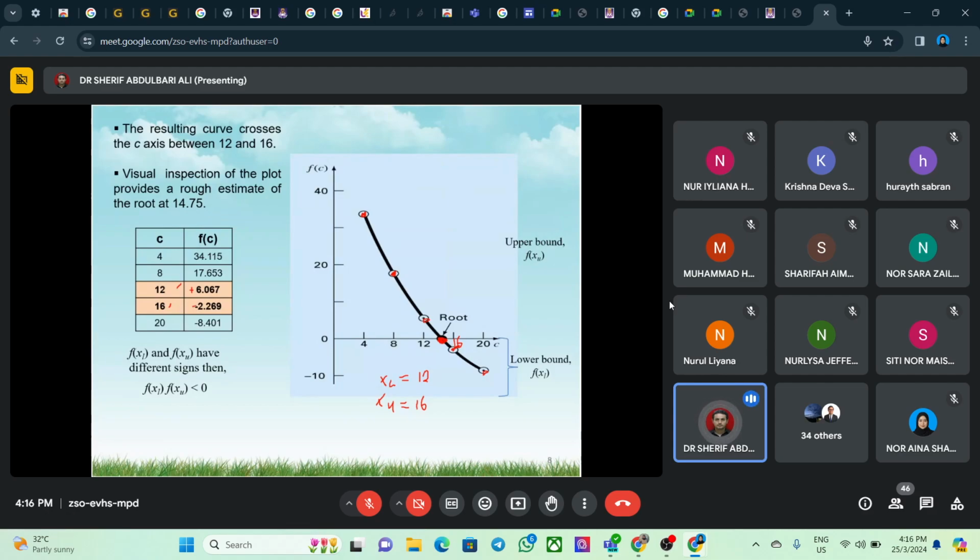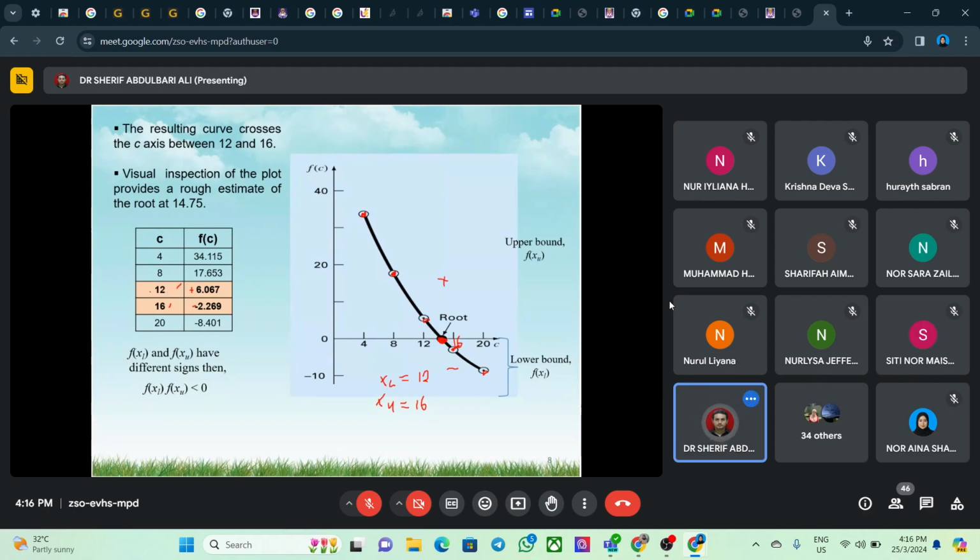When the function is changing the sign, it means it's crossing the x-axis, because it's changing the sign from positive to negative. So this means your curve has already crossed the x-axis at 1 point.